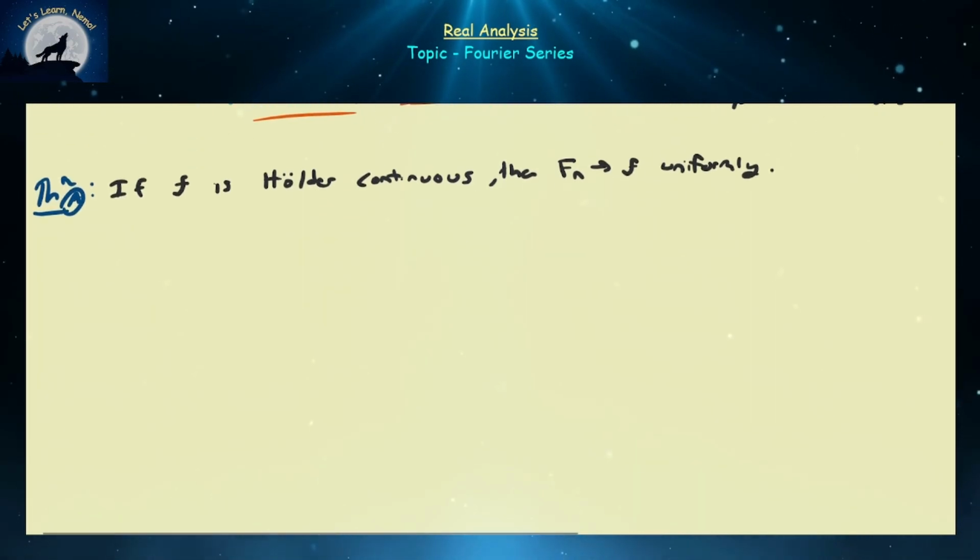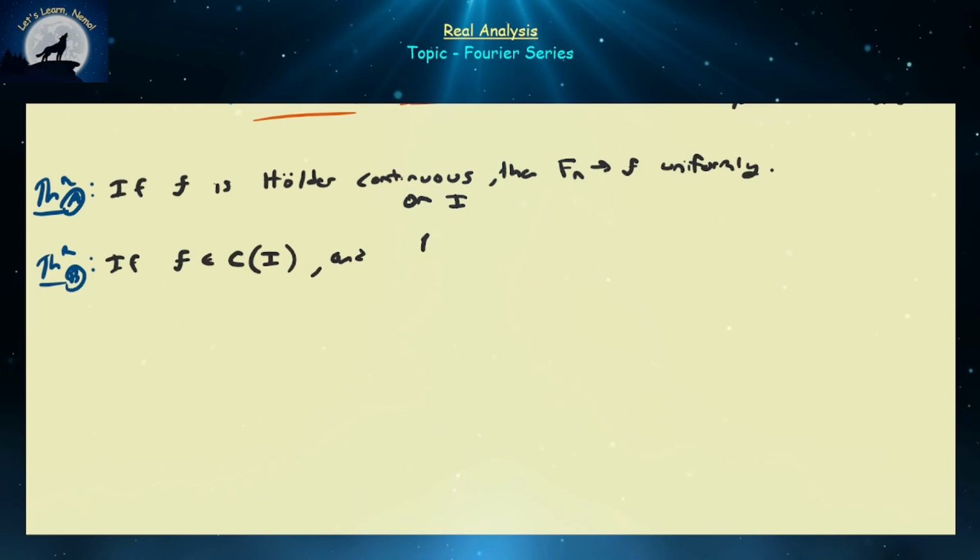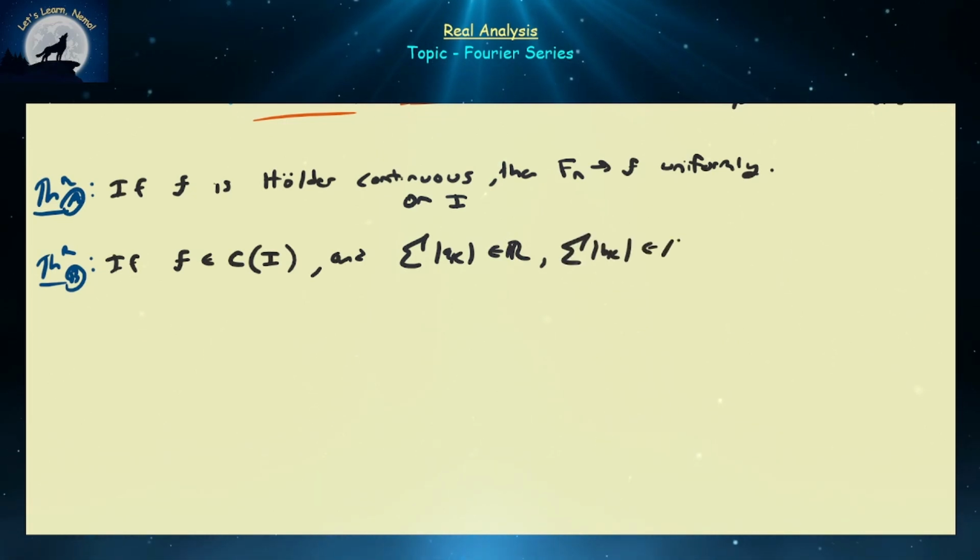The next theorem that I want to introduce, this is useful for those of you who love infinite series analysis, says the following. So if f is continuous on the interval of interest I, and the sum of the absolute value of ak is finite, and the sum of the absolute value of bk is finite, that is, these Fourier coefficients are absolutely summable, then again, fn converges to f uniformly.